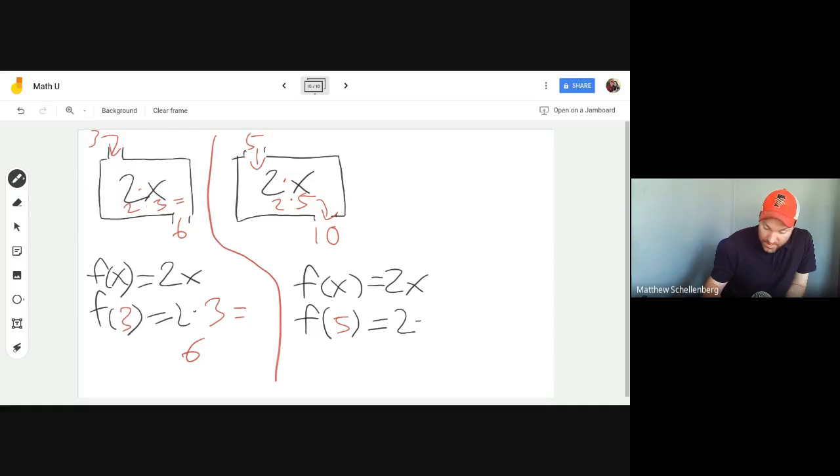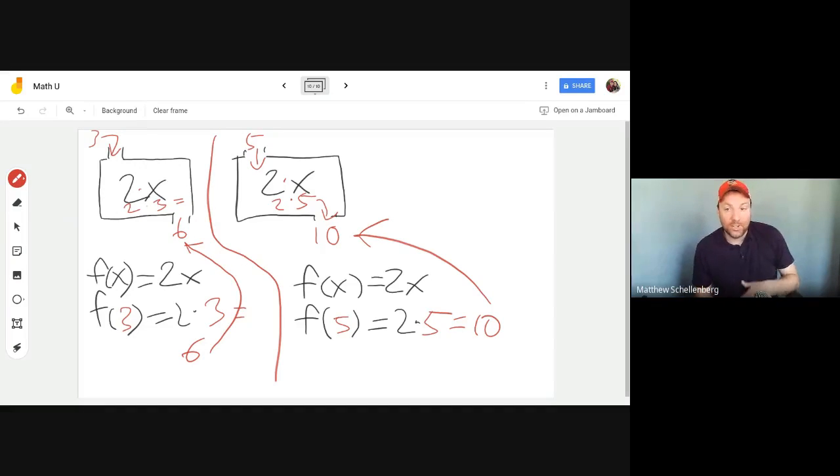Make sure that multiplication shows up. 2 times 5. And that, of course, equals 10. And so this number is this one right here. And this number is this one right there. And so you're just plugging in for x. You're replacing the x value with whatever you're plugging in.